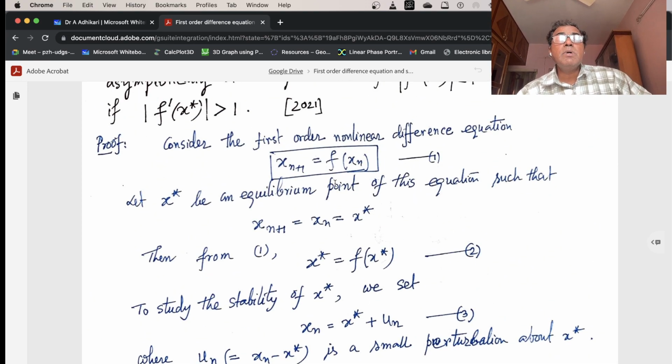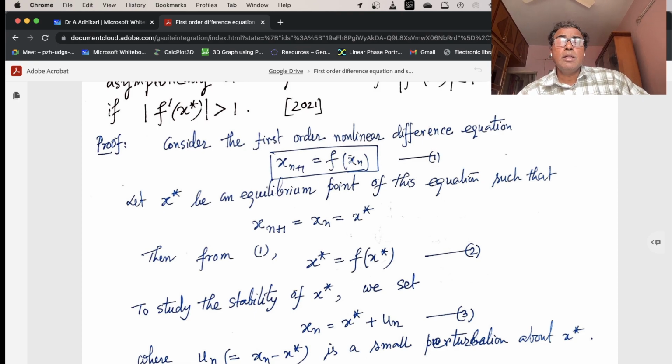Here, equation 1 is a first order nonlinear difference equation because of the term f of x_n. We don't know the expression of f of x_n; it may be linear or nonlinear. We assume here f of x_n is nonlinear.